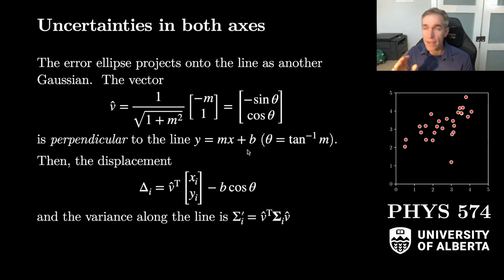So if that line has a slope of m, the angle of that line with respect to the x-axis is the arctangent of the slope, and then the vector perpendicular to cos theta in the x direction and sine theta in the y direction is going to be minus sine theta in the x direction and cos theta in the y direction. Those two will be perpendicular for all angles theta to the line.